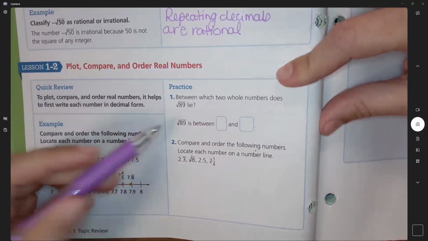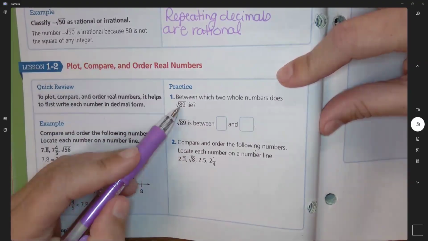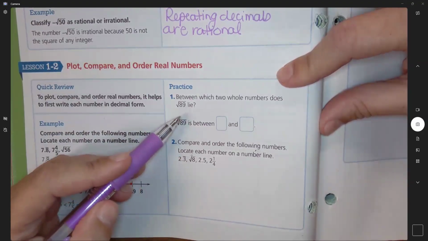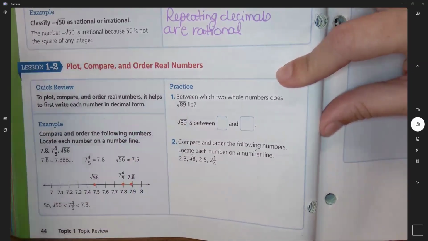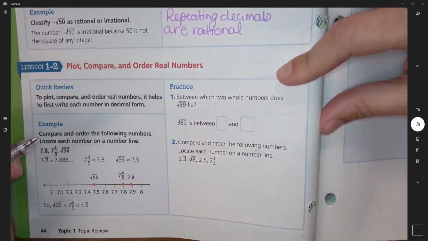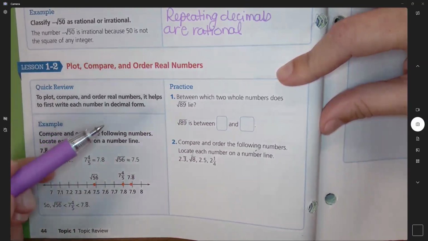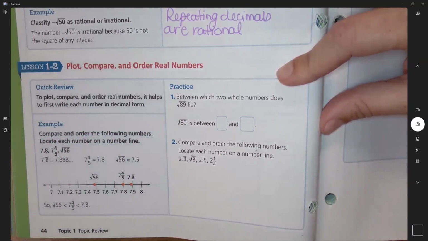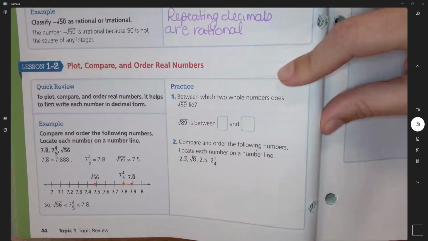The hard way, which is not even that hard, is to ask: is the square root of 89 a perfect square? No. But there are 2 perfect squares around it. 36 is 6 squared, 49 is 7 squared, 8 times 8 is 64, 9 times 9 is 81.